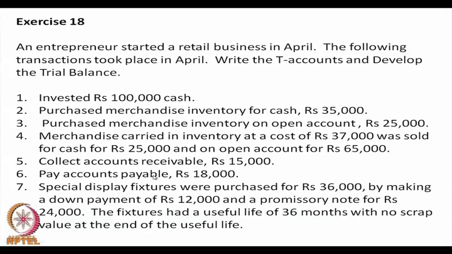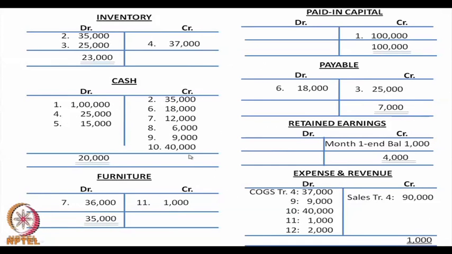If it reduces, the entry has to be made in the debit side. So, cash reduces by 18,000, this is transaction number 6, and accounts payable also reduces, but the entry is made in the debit side because payable is a liability account. So, again the left hand side and the right hand side are matching. So, this is transaction 6.